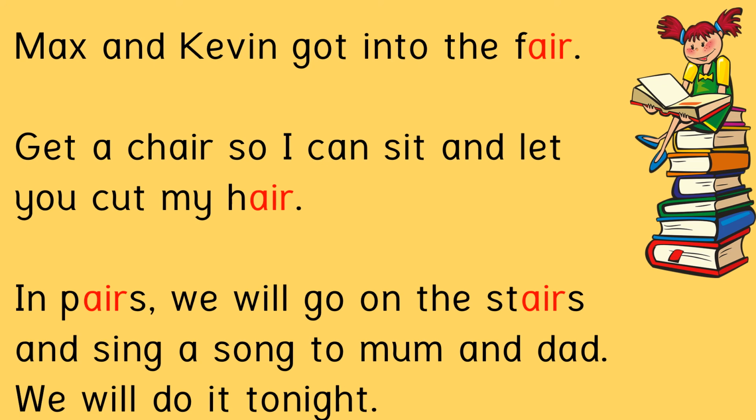So you have a go reading that? And the last one. In pairs, I need to pause there because there's a comma. So: In pairs, we will go on the stairs and sing a song to Mum and Dad. I need to stop there, there's a full stop. We will do it tonight. Excellent. You have a go at that and make sure you pause at the comma and stop at the full stop.